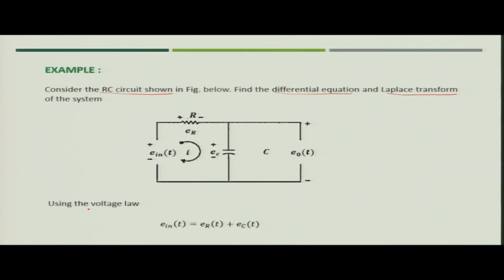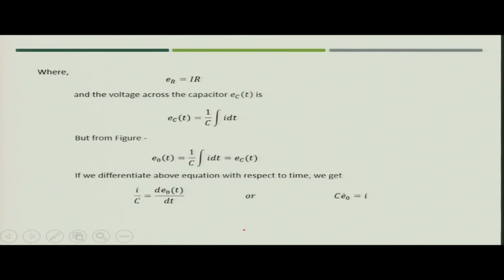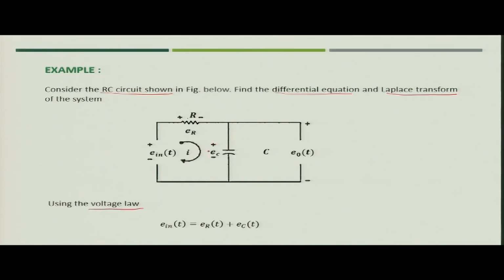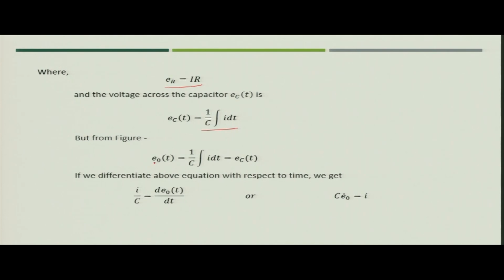Using Kirchhoff voltage law, you can write the input E in is the drop across the resistance plus the voltage across the capacitance. So, ER is IR and EC is 1 upon C integral I dt, or if you see this figure, EC is E naught, that is the output. So, you can also write E naught equals 1 upon C integral I dt.